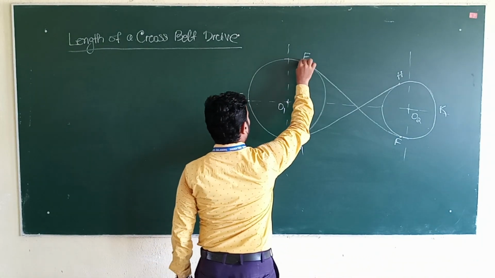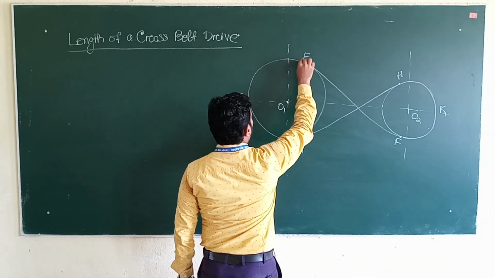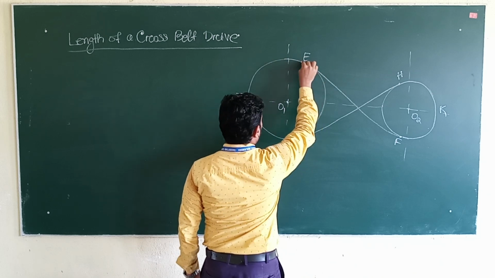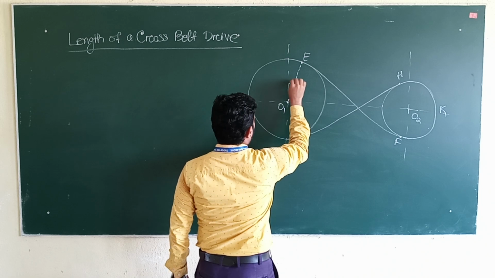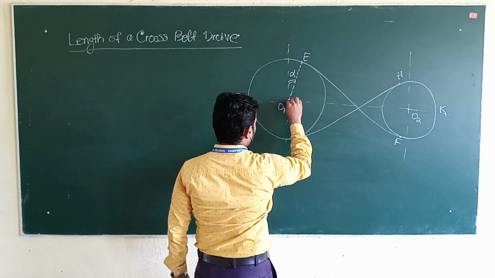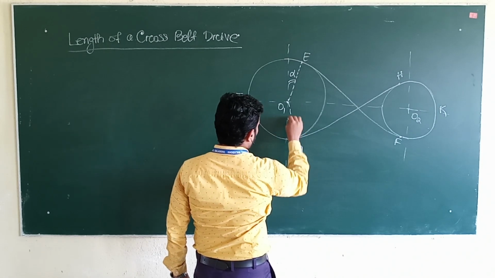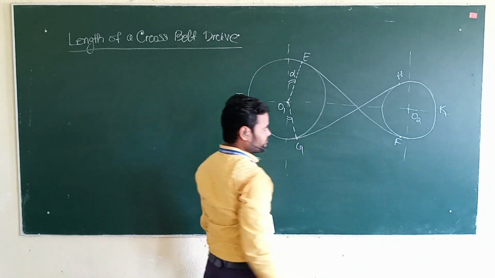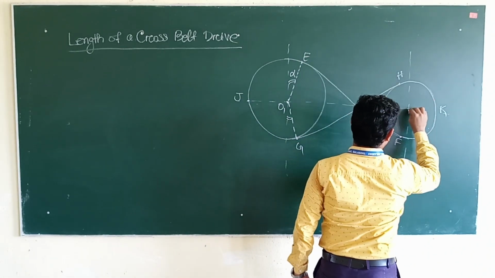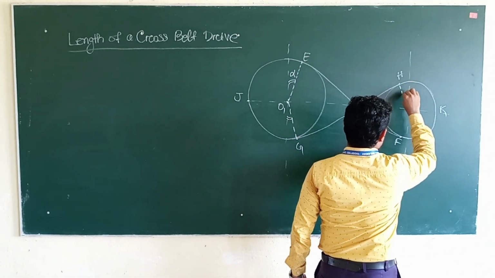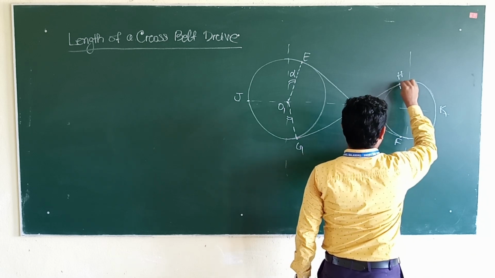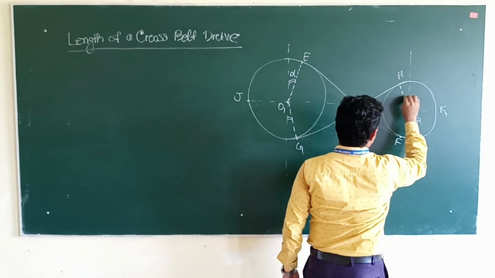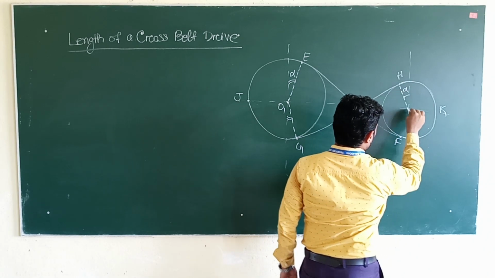Then at the point E, where the belt leaves the larger pulley, if we draw the angle with the center, it becomes alpha. Similarly, if we make this angle, this is also alpha. Similarly, in the smaller pulley, if we make an angle with the point where the belt leaves the smaller pulley, this angle becomes alpha.